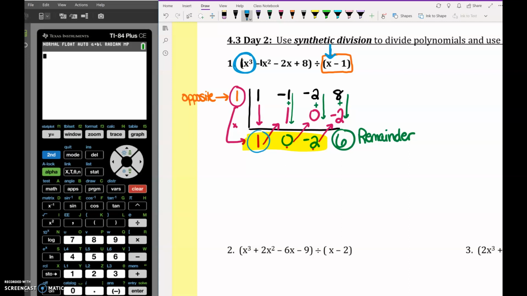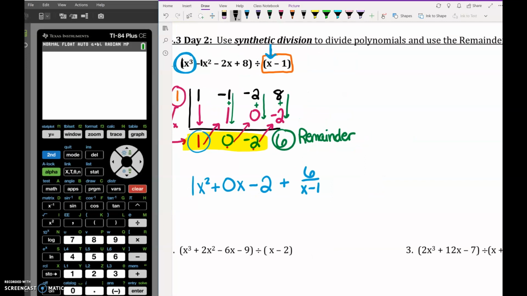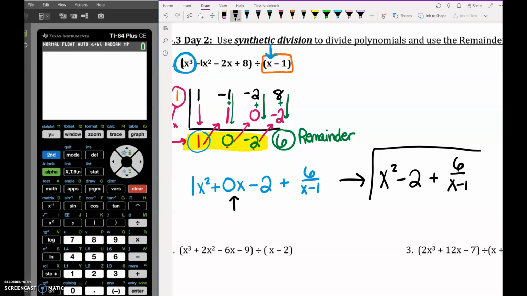So this first term is 1x squared, and then 0x minus 2, and our remainder is 6 over what we originally divided by. Okay, now, do you really need the 1 in front of the x squared? No. And do we really need to write this term? No. So our answer is x squared minus 2 plus 6 over x minus 1.